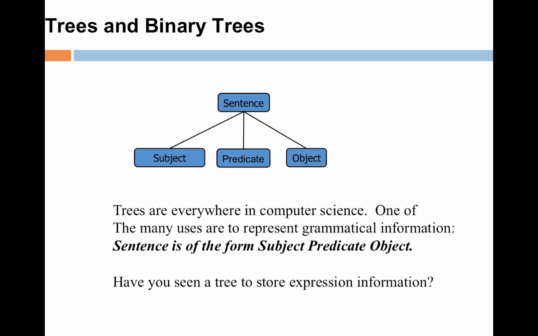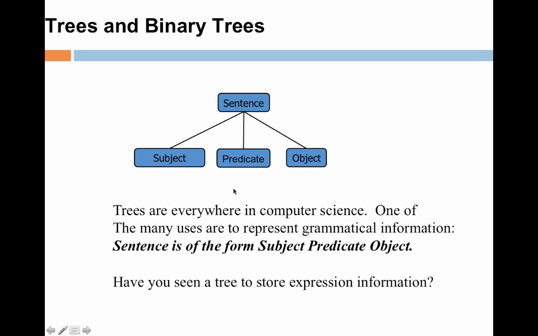The best way to do this is to start off with a simple example, and in almost all spoken languages, this grammatical structure, the grammatical structure of what constitutes a sentence, is very important. For example, in the English grammar, a sentence is an object, and we know that every sentence has a subject, a predicate, and an object, and the predicate relates the subject and the object.